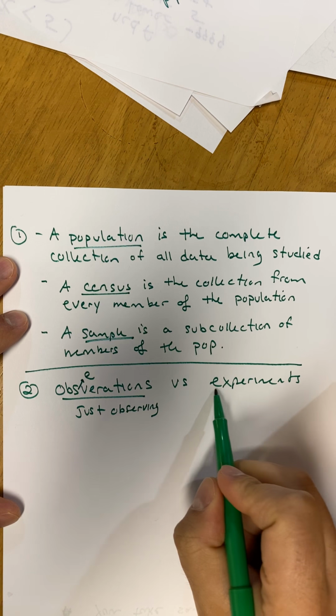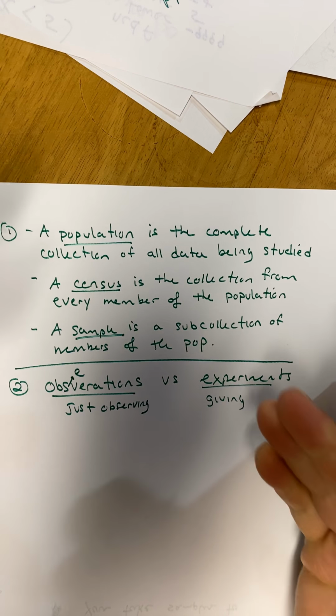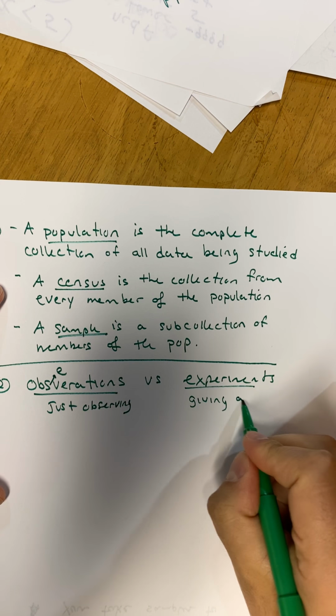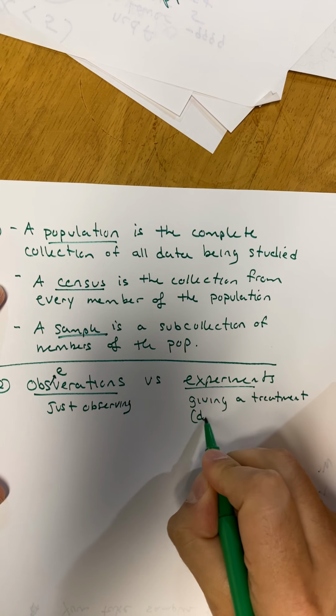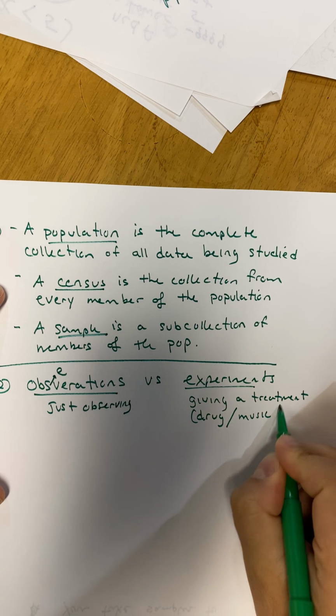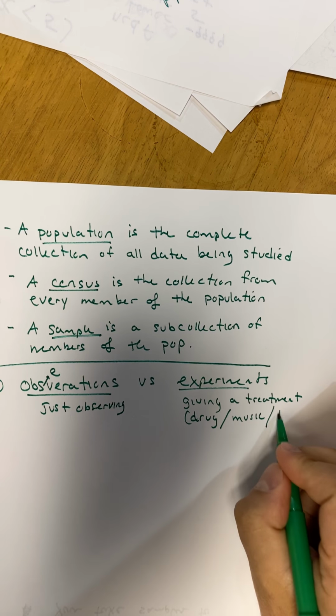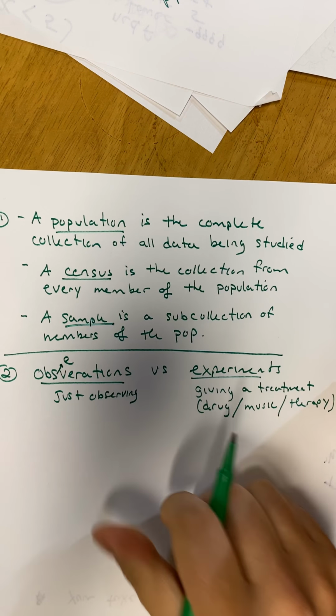With an experiment, you're giving humans, I guess, a treatment. Okay, it could be a drug, or playing music in the background, or some sort of behavioral therapy, something like that, some sort of treatment.